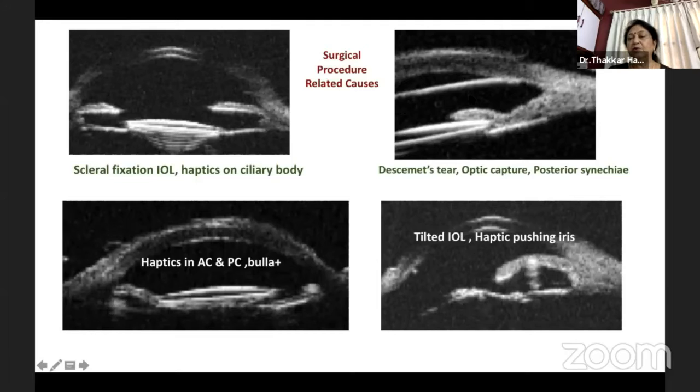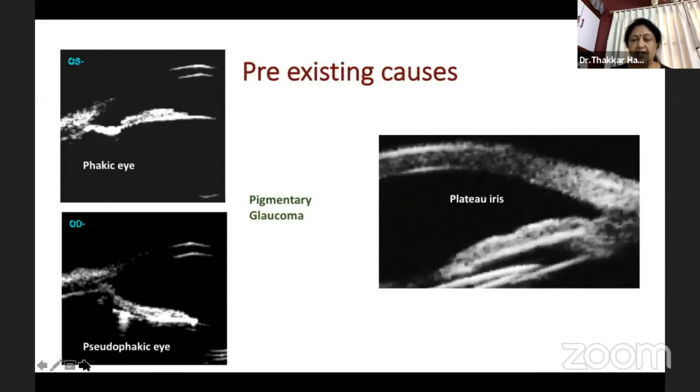Or there may be gross damage during surgery, resulting in Descemet stripping, optic capture, and posterior synechia, and thereby finally peripheral anterior synechia. Or there may be iridodialysis, with the lens tilted so much that the haptic is pushing the iris in the center, causing peripheral anterior synechia.